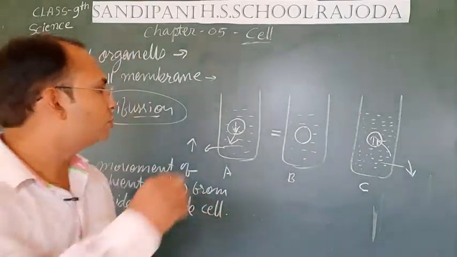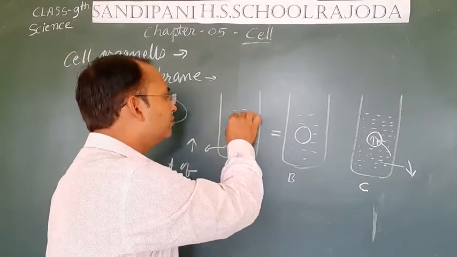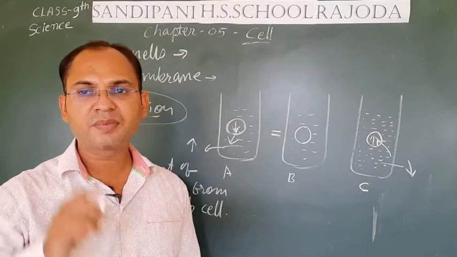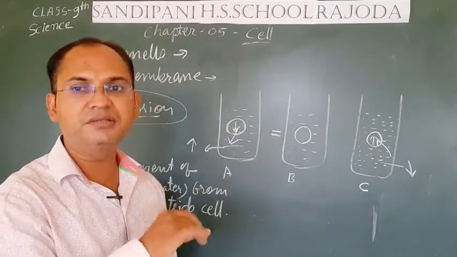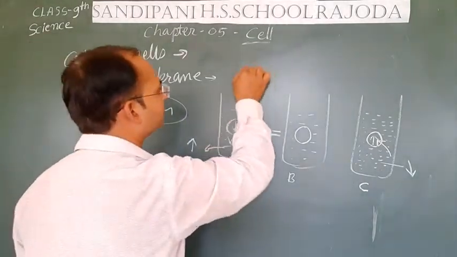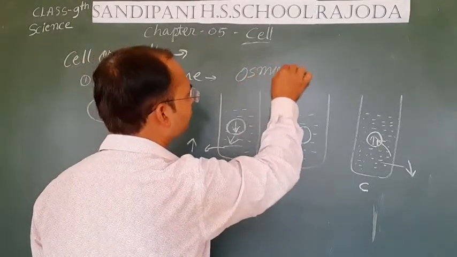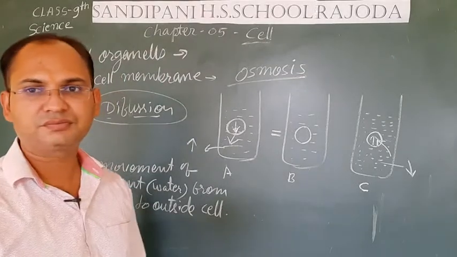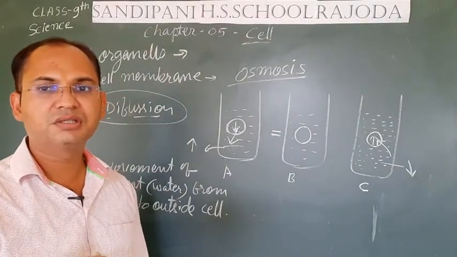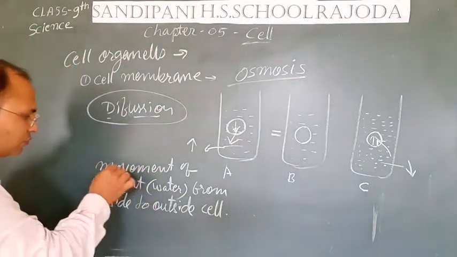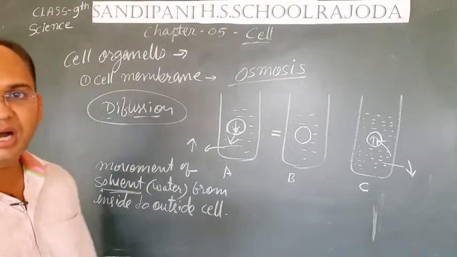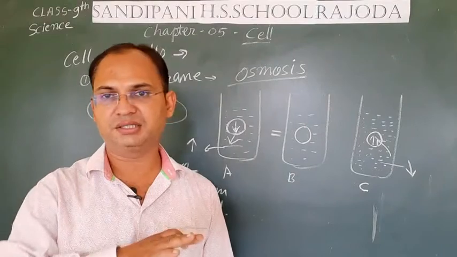That is through the semi-permeable membrane, because this cell membrane is known as a semi-permeable membrane, and this phenomenon is known as osmosis. In osmosis, the movement of solvent particles takes place from lower concentration to higher concentration.